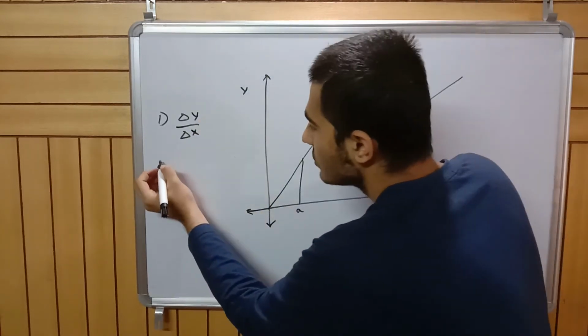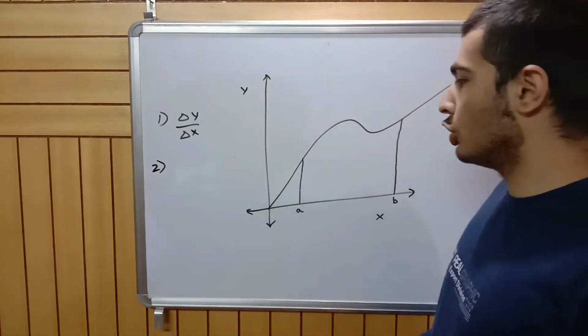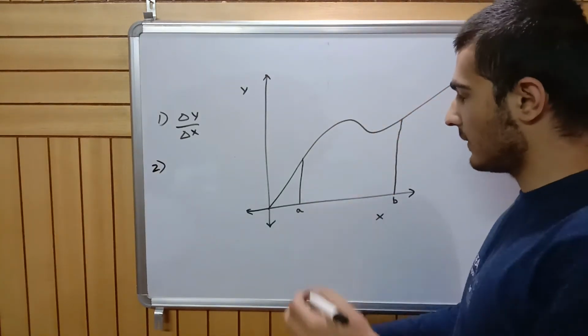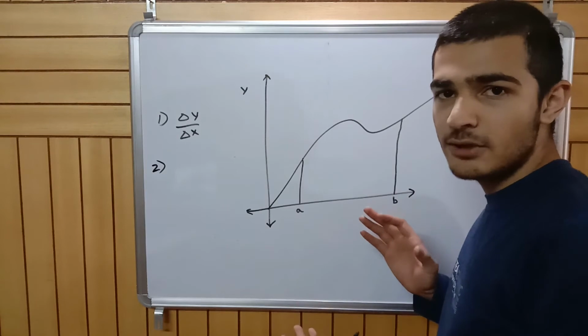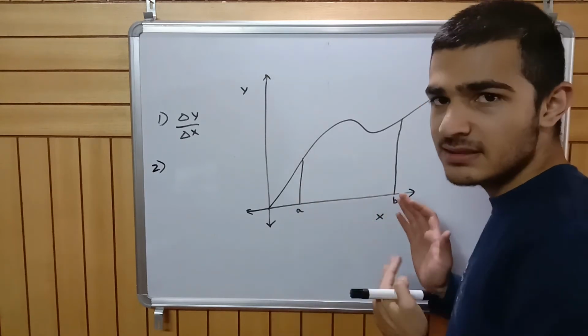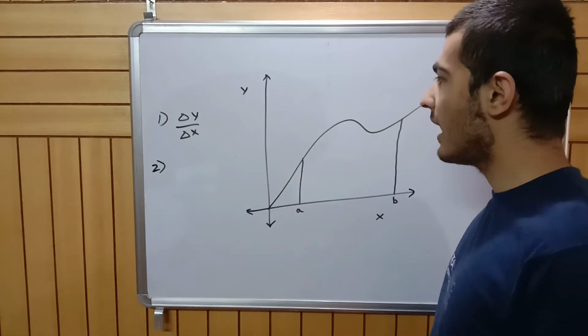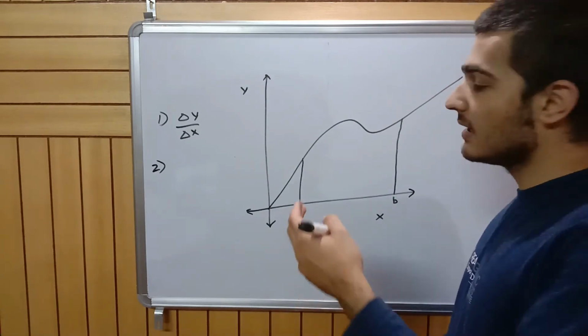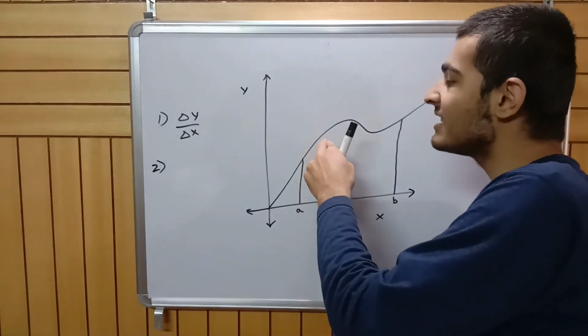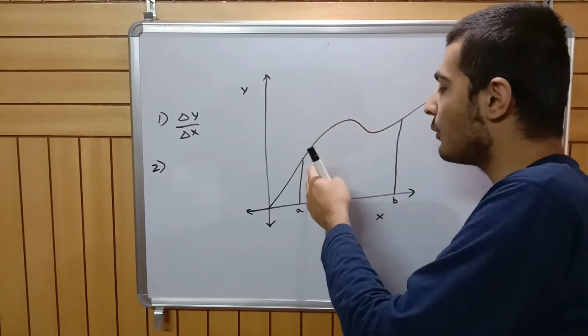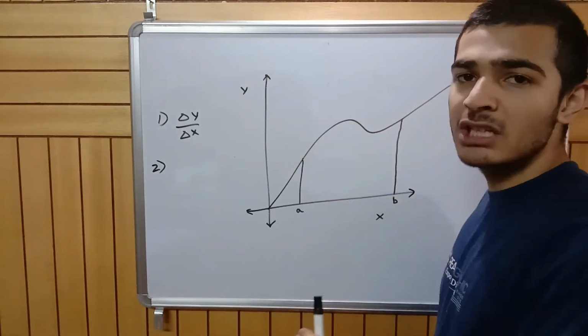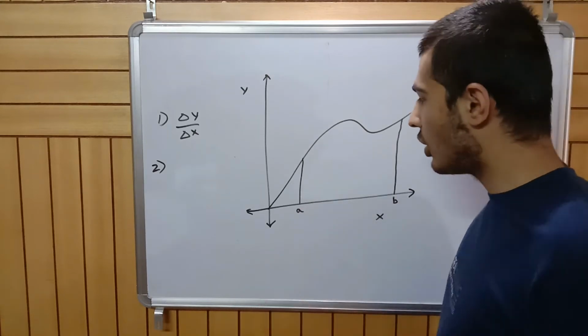The second way I can do it is this. What does average mean after all? Average means adding up some values and then dividing by the total number of values taken. And average rate of change means adding up all the instantaneous rates of change from this point to this point and dividing by the total number of points taken. So how do we do that?